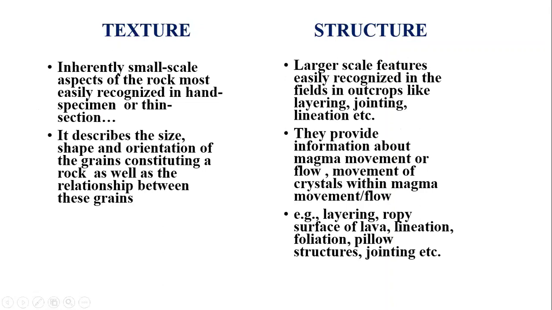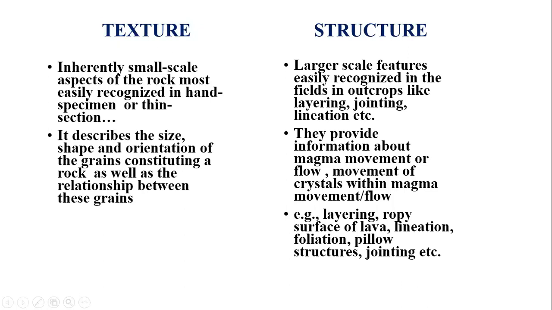On the other hand, structures are large-scale features easily recognized in the field in outcrops, like layering, jointing, and lineation. Structure refers to the large-scale features of rocks which are usually visible in the field or in the outcrops.